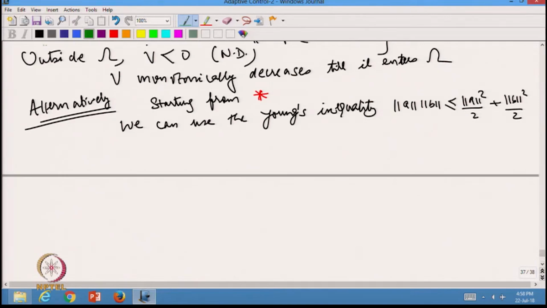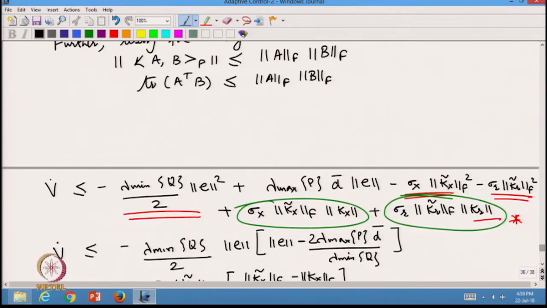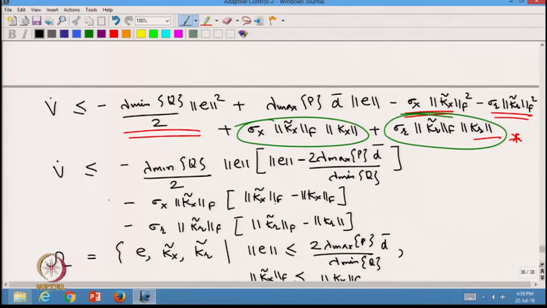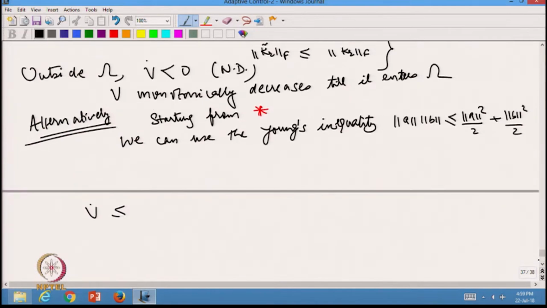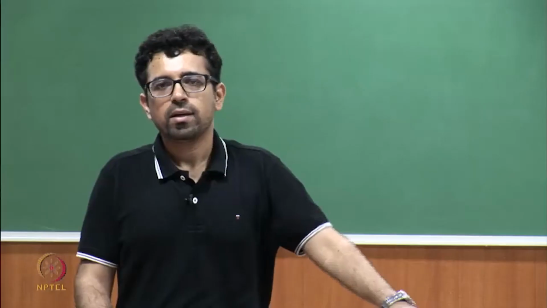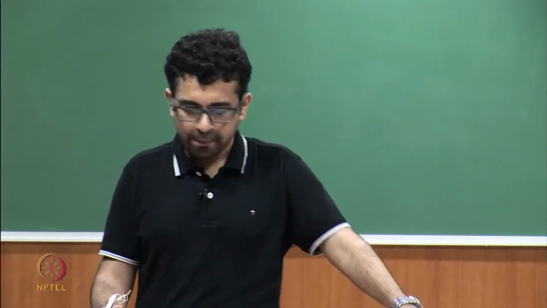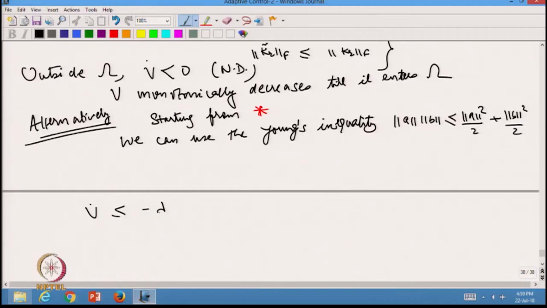So, we can say that V dot is less than equal to, let's split the first term into two equal parts, and we will see why we are doing this. This kind of manipulation you should get used to doing when doing this Lyapunov analysis, because this is used to upper bound certain terms and also damp out certain positive terms.